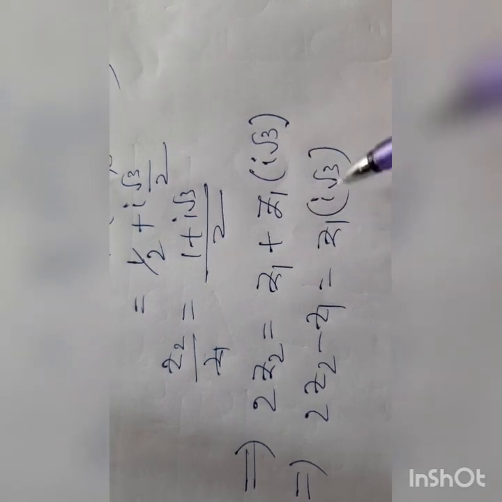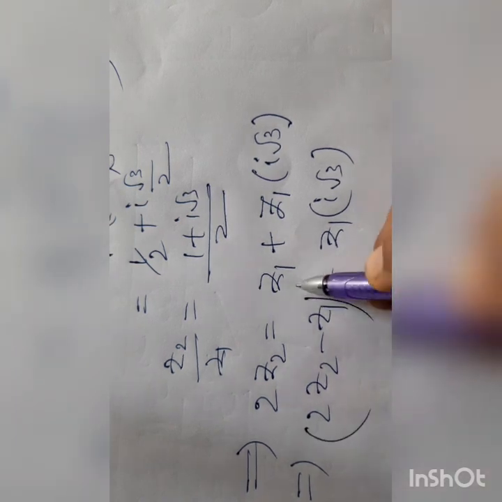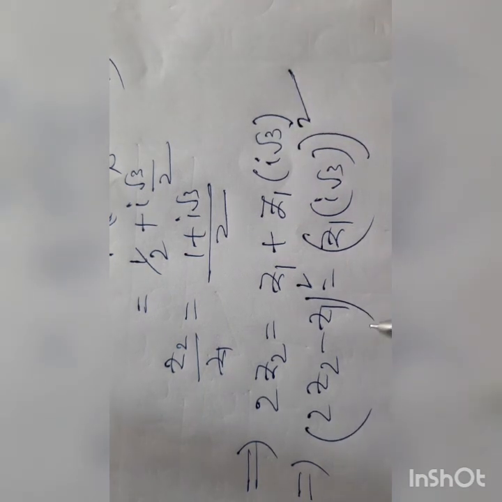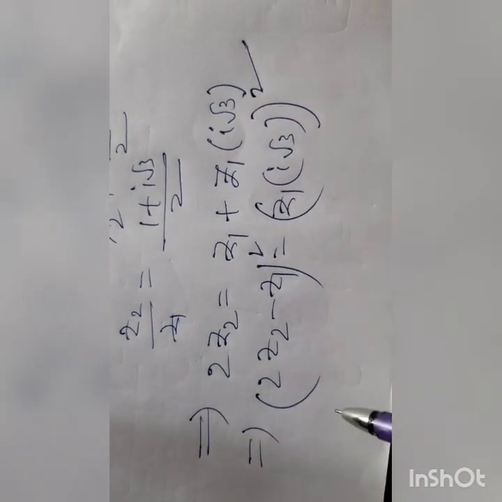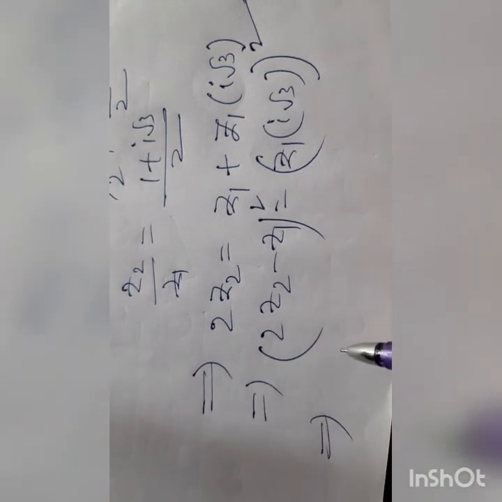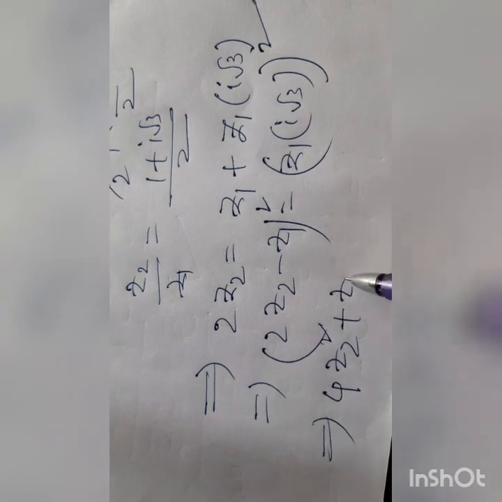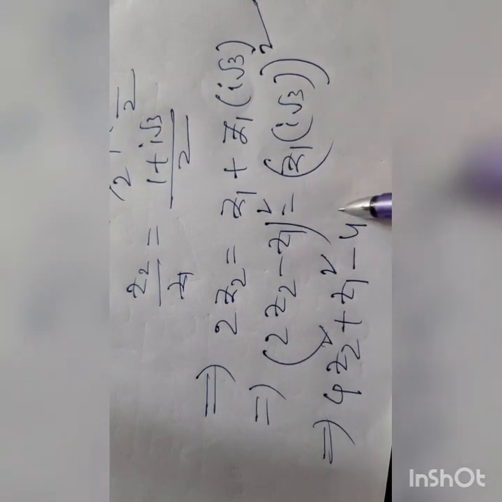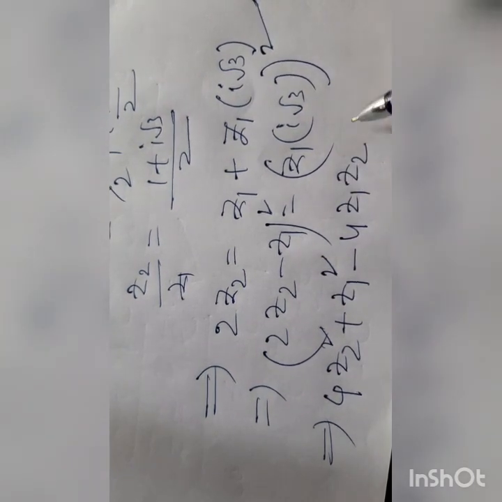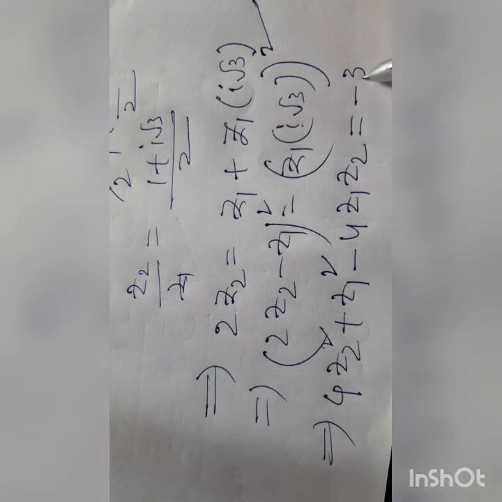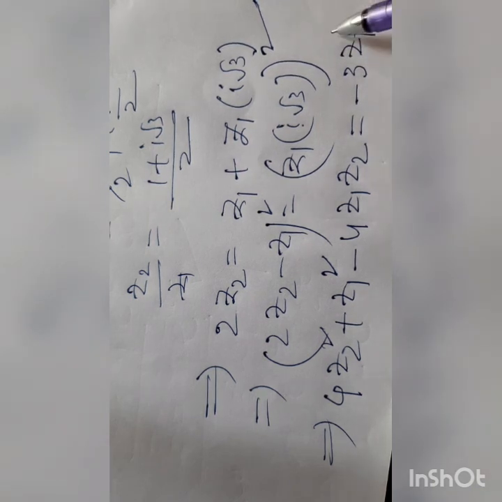Because I want to remove this i, for that I want to square both sides. If I square both sides, what am I getting here? 4Z2 square plus Z1 square minus 4Z1 Z2 equals 3 i square. i square is minus 1, so minus 3Z1 square.